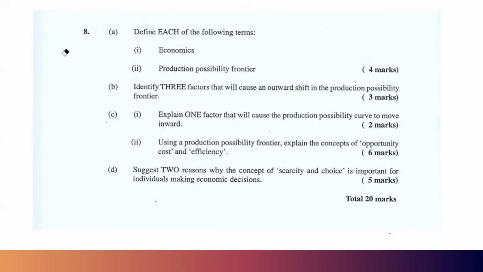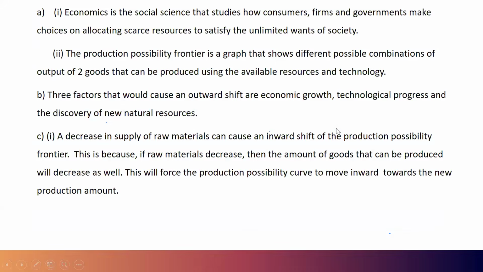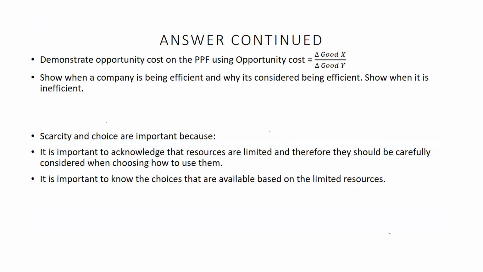Just go into detail of what scarcity is. Talk about how individuals would want to try to maximize their utility, which is satisfaction, and talk about because of scarcity, you'll have to make choices based on your limited resources.